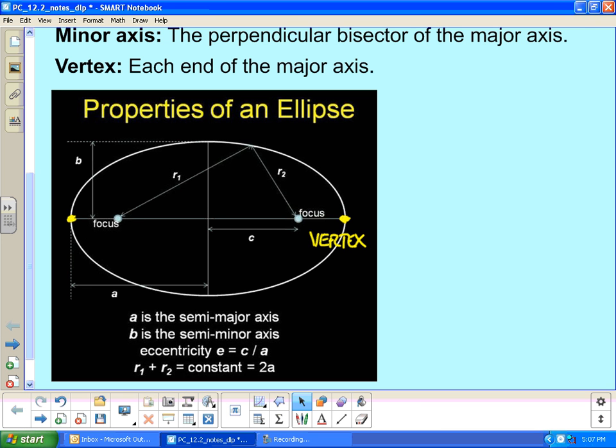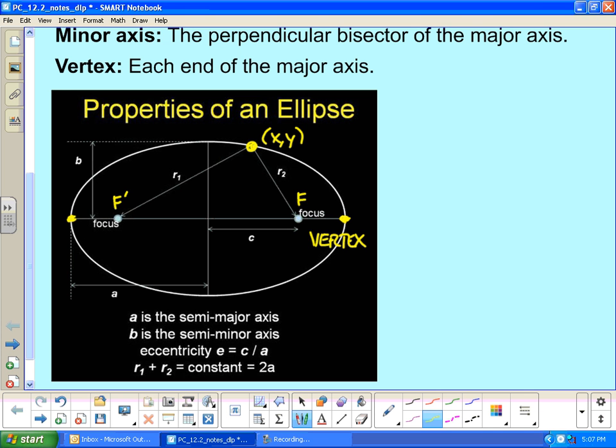Those are at the end of our major axis. So that's a vertex, and then there's one over on the left. You can see the focus in the middle, and then we have some arbitrary point on our graph we call x, y. That one would be f. This would be f prime.